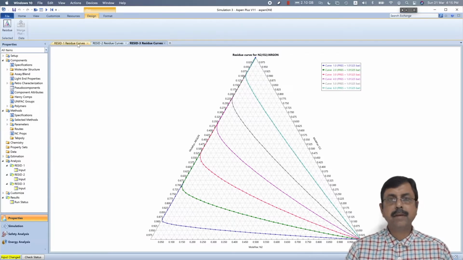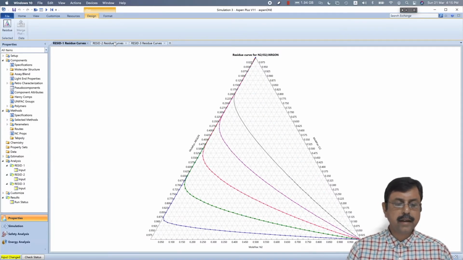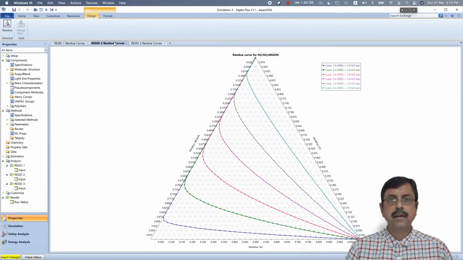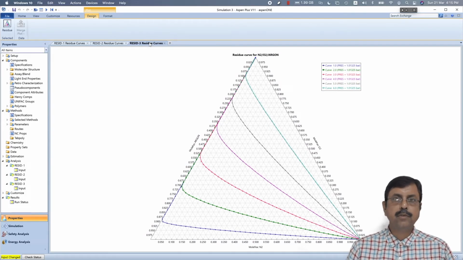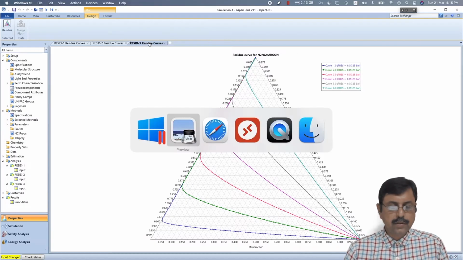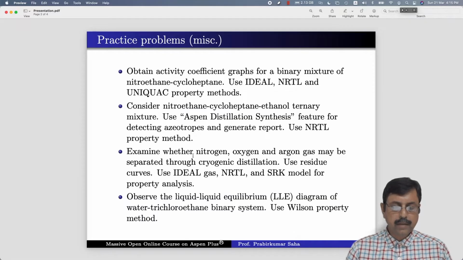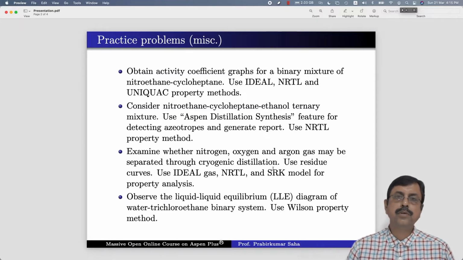But why have we tried three methods? Because the first one is the ideal method, the second one is inertial, an activity coefficient based model, and the third one is the Redlich-Kwong-Soave model, an equation of state based model. So all three types of modeling technique we have tried, and none of them show any sign of azeotropes. So the answer to the question which has been asked, whether these gases may be separated through cryogenic distillation, is yes. It is possible to separate them through cryogenic distillation.